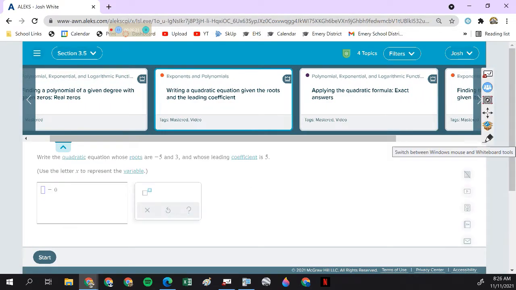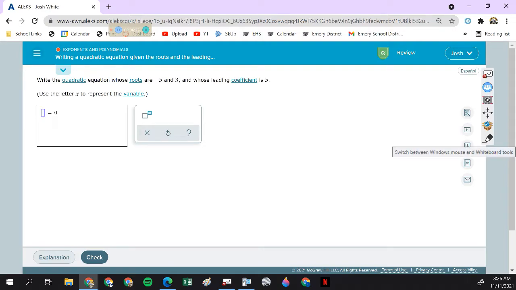Here we're going to go backwards. We have a quadratic, and we know that it hits the x-axis at -5 and at 3. We also know that its leading coefficient is 5. So we want to build a quadratic equation that meets those 3 characteristics. So if one of the roots is -5, what factor created that root?